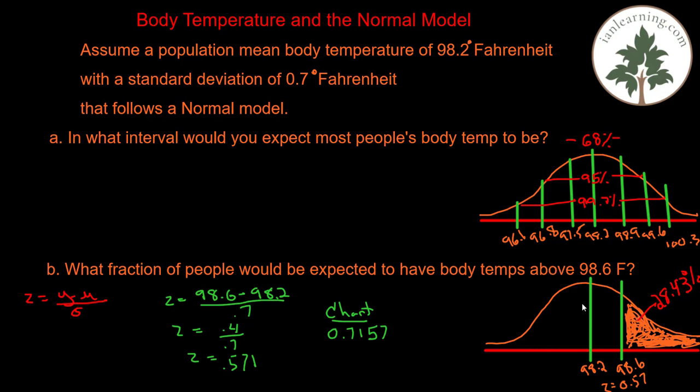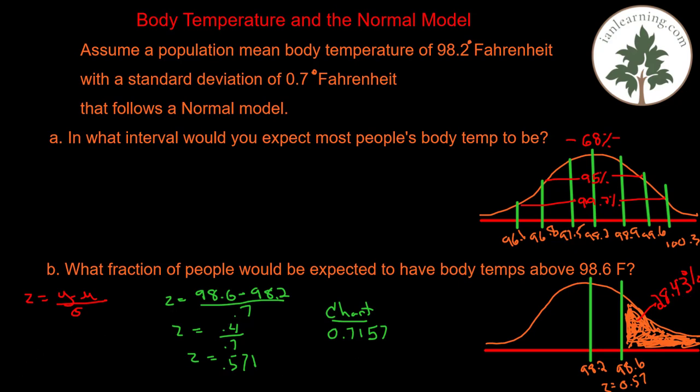But we want to find out above, so that would be how much is below. We want to find out how many people have above that temperature. So we're going to subtract this from 1. We're going to say 1 minus 0.7157. That will give us 0.2843. Move the decimal over 2 places, and that comes to 28.43%.